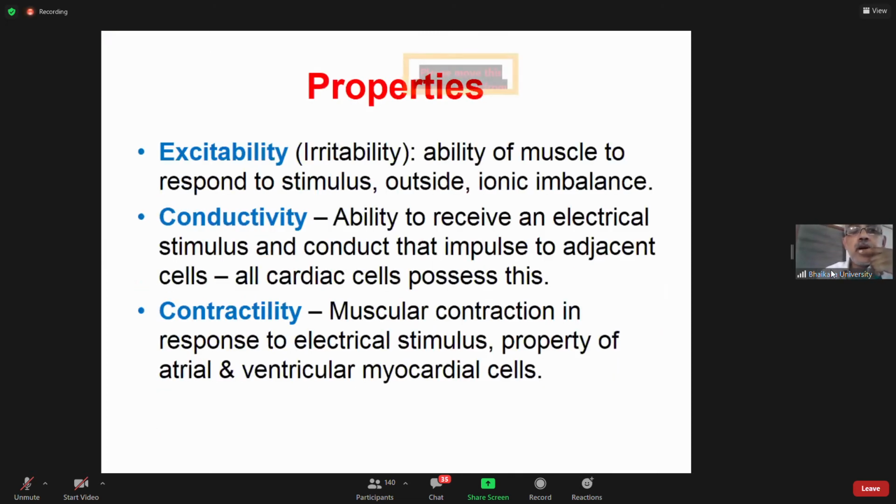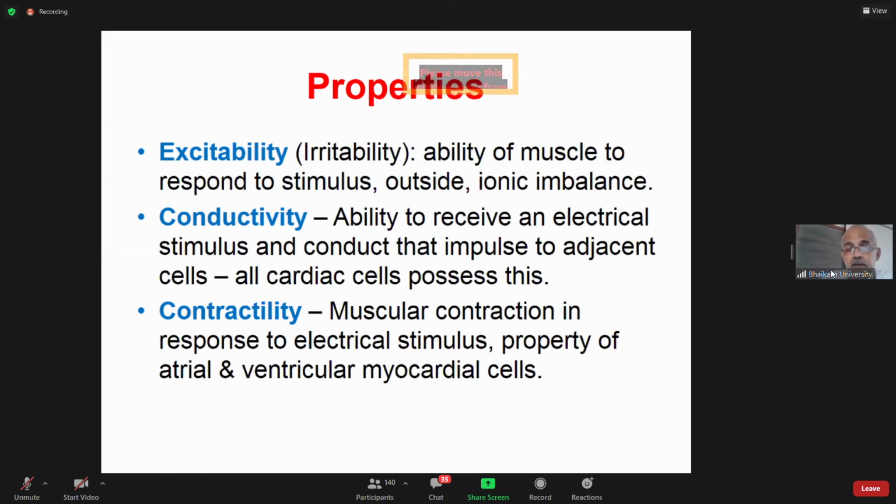Okay, so we have seen the properties of automaticity and rhythmicity. Excitability is a property of cardiac muscle. It gets the impulse which is generated at the node, and it is conducted through the cardiac muscle because they have the property of excitability.